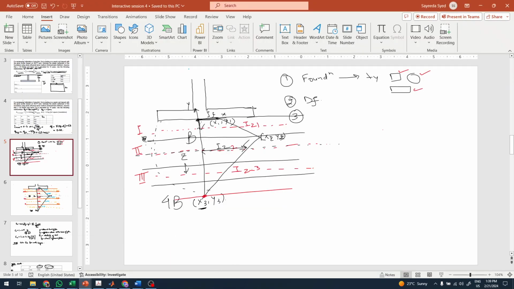Okay, so we are talking about this diagram, and now let us calculate the coordinates of this diagram. We know that this is 0.2, 0.